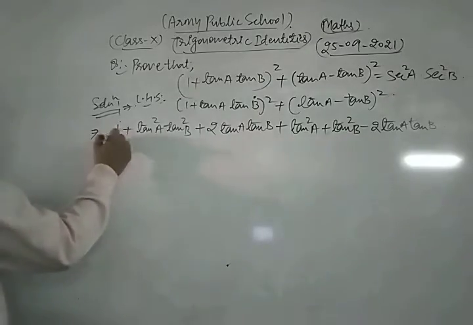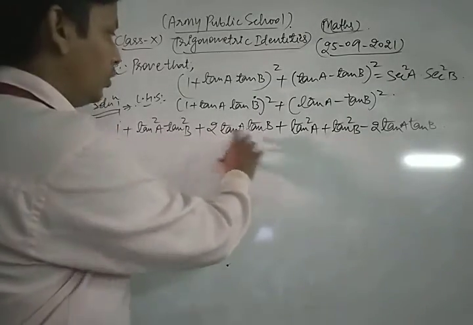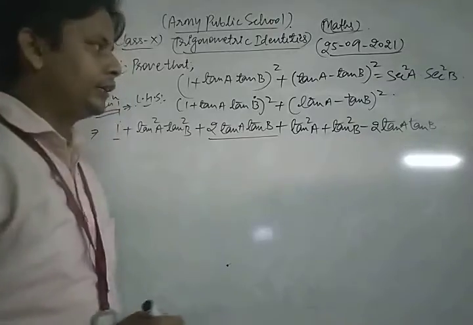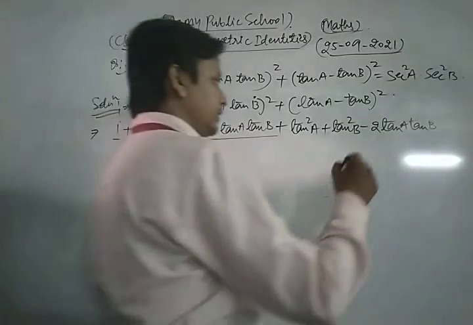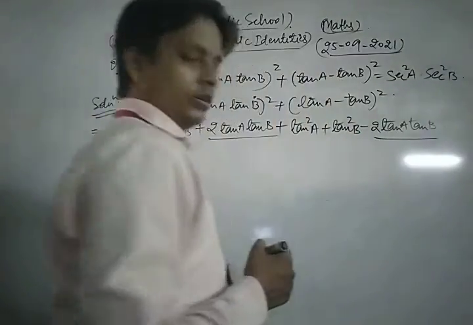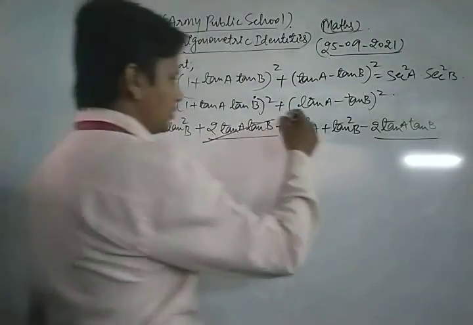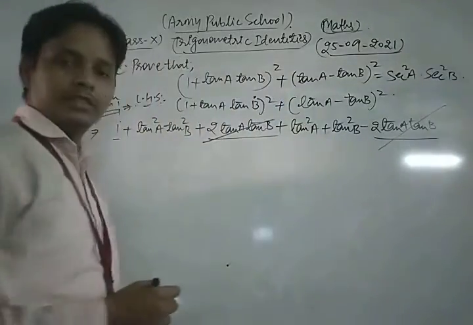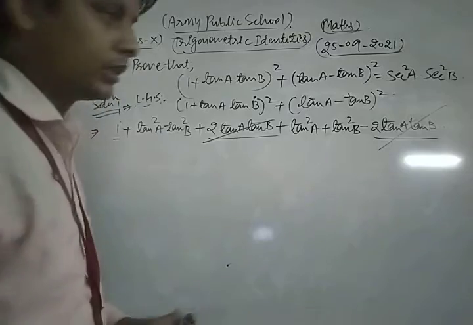We expand it: this is a² + b² + 2ab, plus 2 tan a tan b, and there this is minus 2 tan a tan b. So these terms cancel each other. Now look.